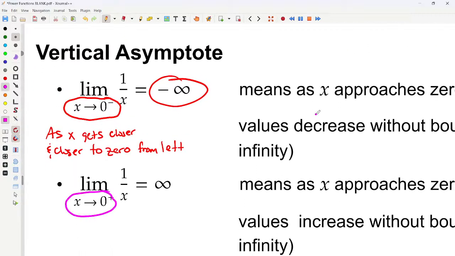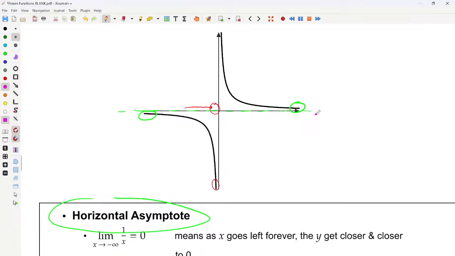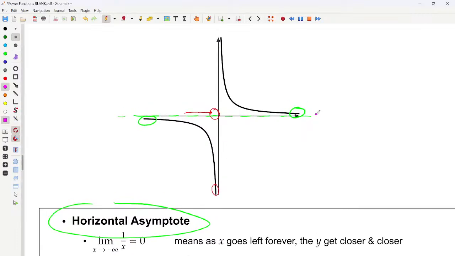And this means as x gets closer and closer to 0 on the right side. So graphically, what is the graph doing for these x values? Well, here it is. This is what the output's doing.